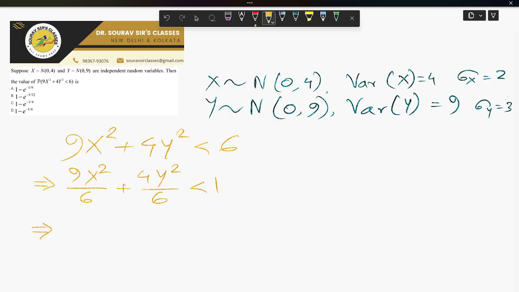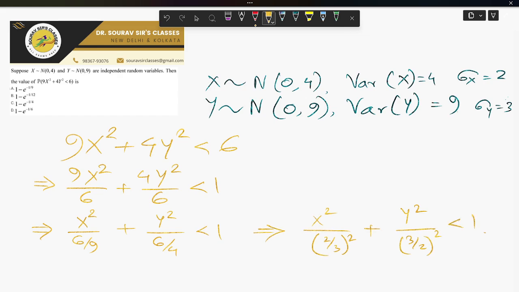We can also write it as X square by 6 by 9 plus Y square by 6 by 4 less than 1, or X square by (2/3) whole square plus Y square by (3/2) whole square less than 1. This represents the equation of an ellipse in the XY plane.